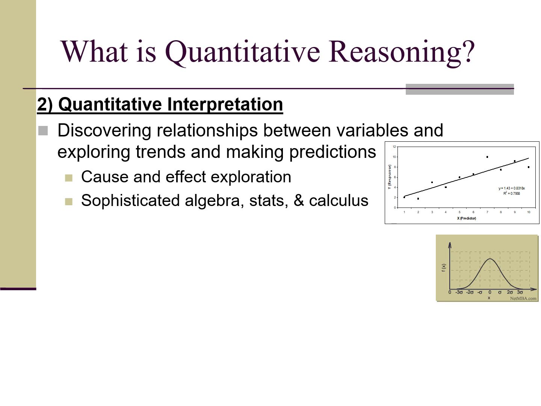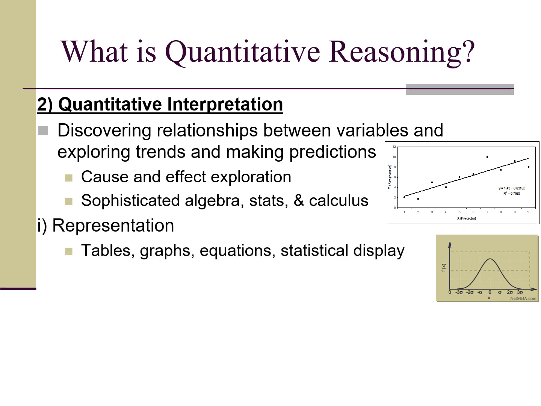So next part of quantitative reasoning, quantitative interpretation. So looking at relationships between variables and exploring trends and making predictions. Looking at cause and effect, looking at how the rates of change and relationships between variables can be described using algebra and statistics and calculus. The representation of quantitative information, so putting your data into tables, graphs, developing equations to relate variables, and their statistical display.